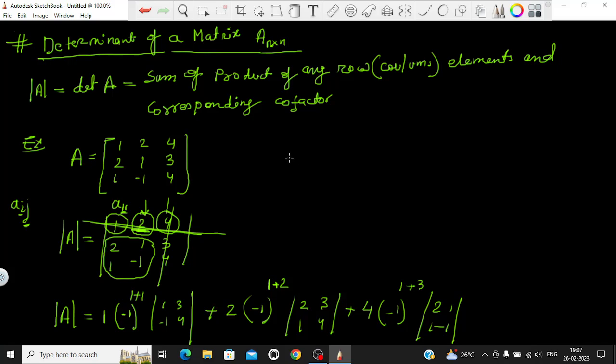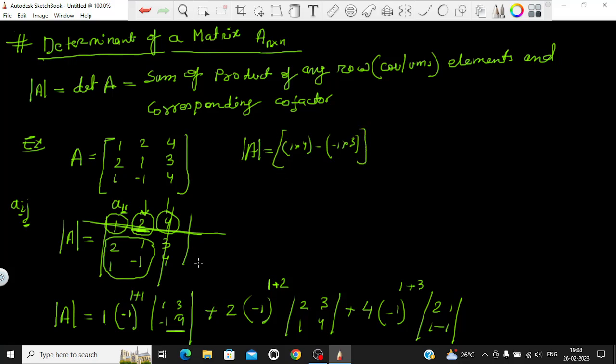After expansion, you will get 1 times minus 1 to the power 1 plus 1, which is minus 1 squared, that is plus 1, and this determinant you can calculate: 1 into 4 minus 1 into 3.